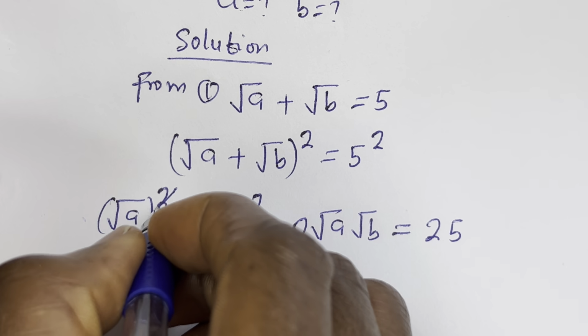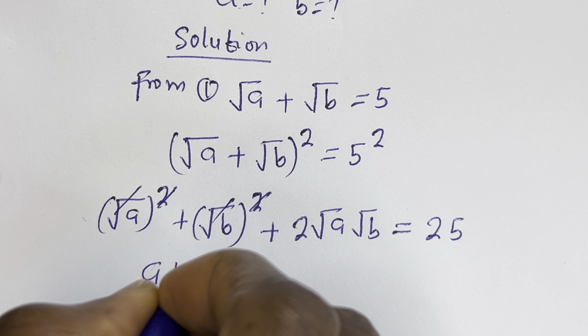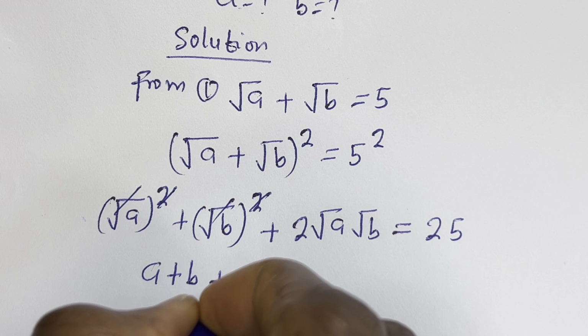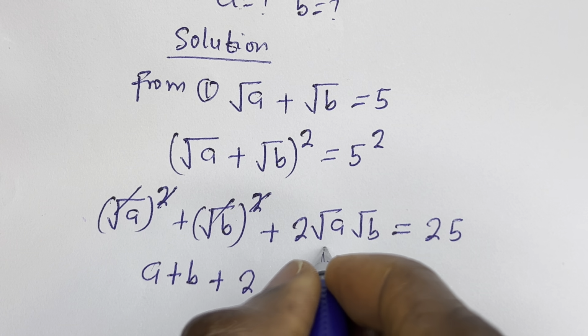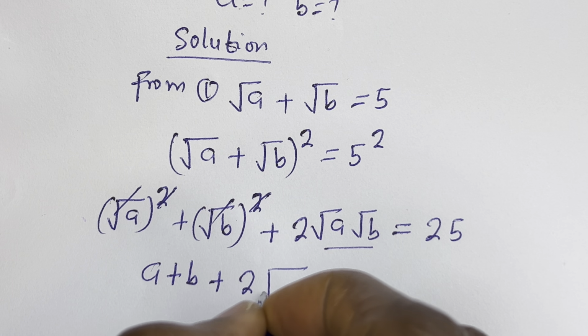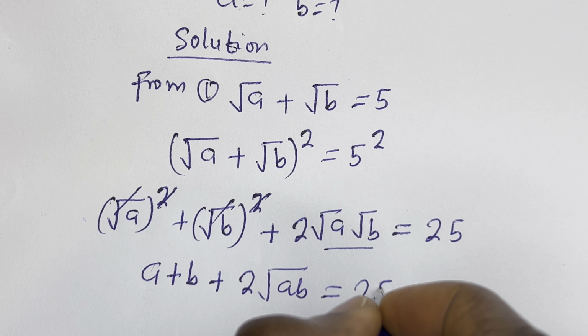Then this cancels, this cancels: a plus b plus 2, the whole of this is square root of ab, is equal to 25.